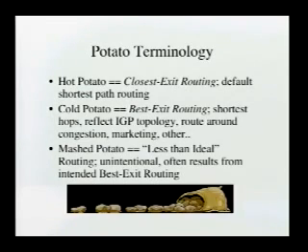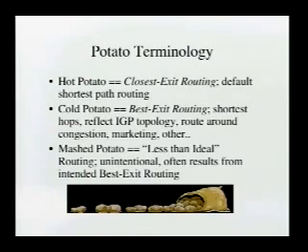So hot potato equals closest exit routing in this context. Cold potato, which some people call it, I don't think it makes much sense, but it's best exit routing: you carry it to the exit point on your network that you believe is the optimal exit point. It's more intuitively referred to as best exit routing.